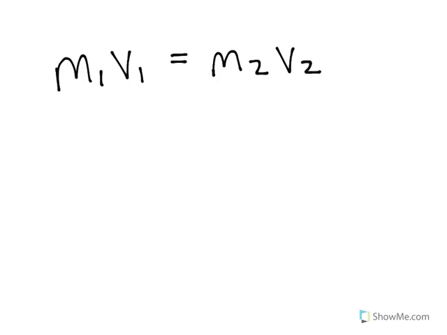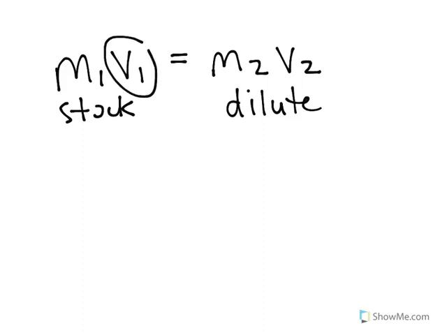So the molarity of the stock solution, I'm going to write stock here, times the volume of the stock solution is going to equal the molarity of my dilute solution times the volume of the dilute solution. And in this particular problem, we want to figure out what volume of stock solution we need.